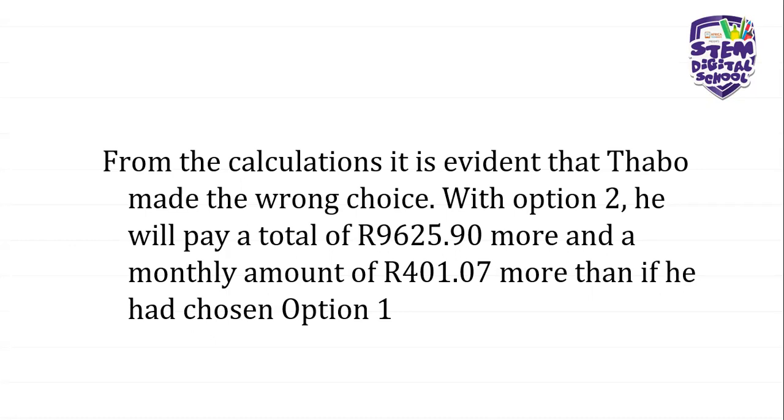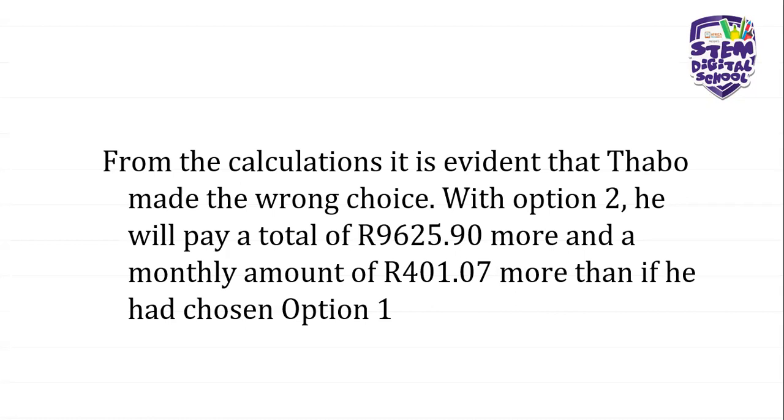So basically, Thabo made a wrong choice, and we know that he could have chosen option 1, despite the fact that 15% sounds like more than the 5% interest.